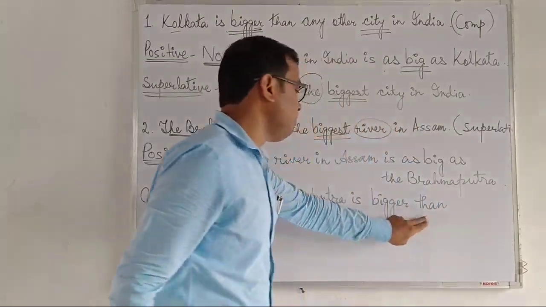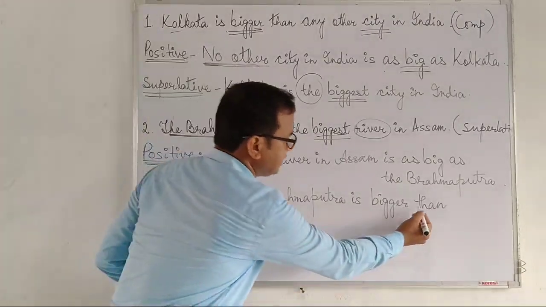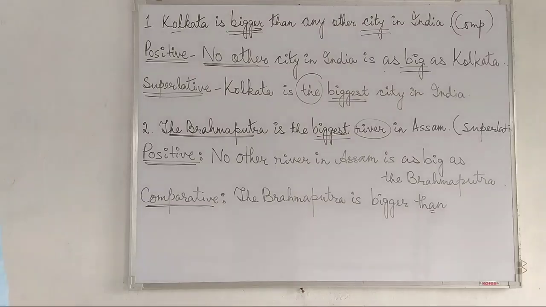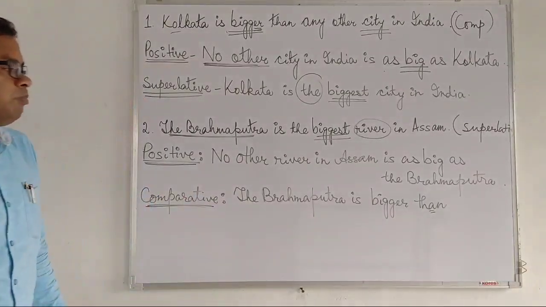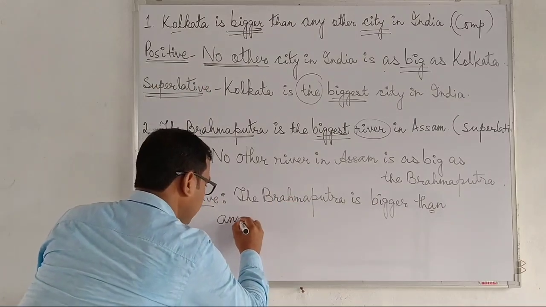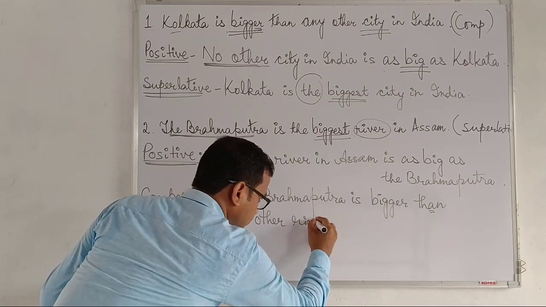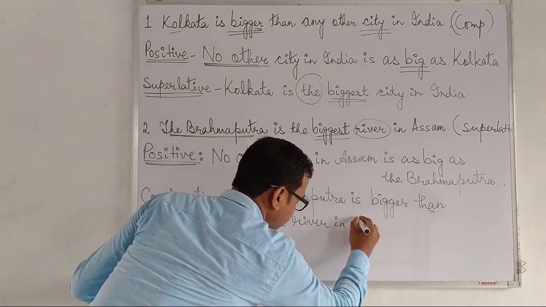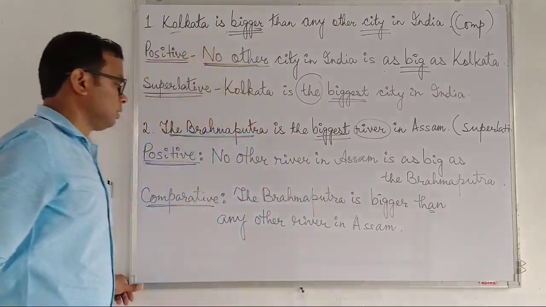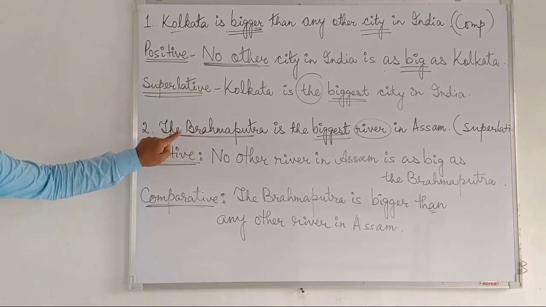T-H-A-N. Don't make a mistake here. Most of the students write T-H-E-N, but this is not E. It should be A. So the Brahmaputra is bigger than any other river in Assam. So this is the comparative form of this sentence.